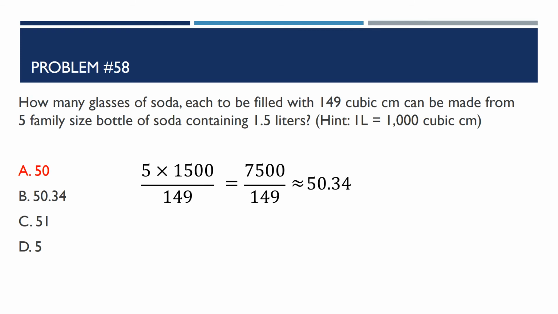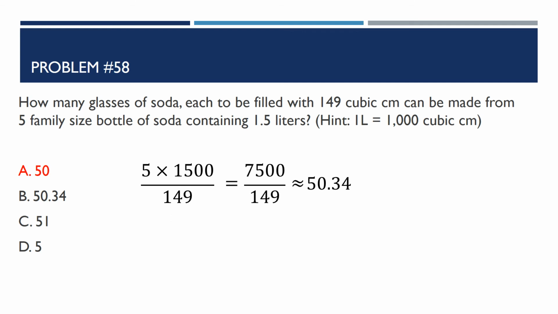Now, why is the answer 50? Why not 50.34 since it's in the choices? The 0.34 means it didn't reach 149. So there's an extra. We don't know how much the extra is, but we are sure that it didn't reach 149 because it's only 0.34.